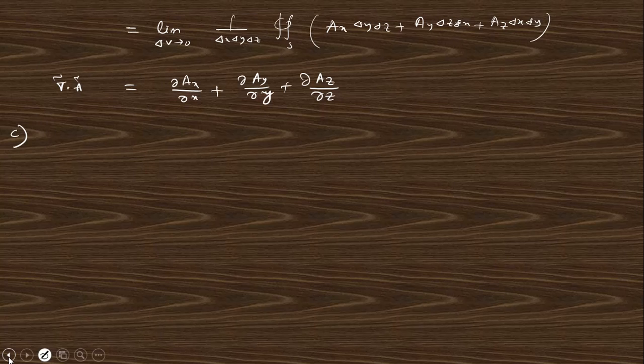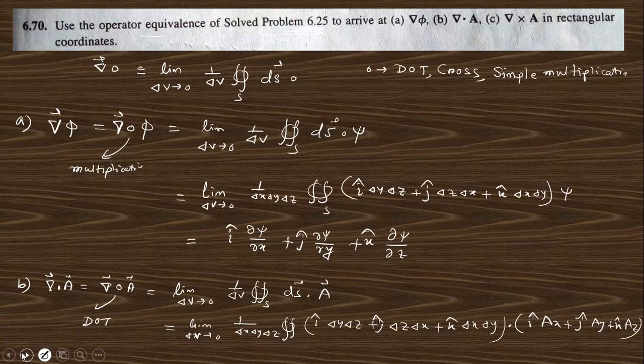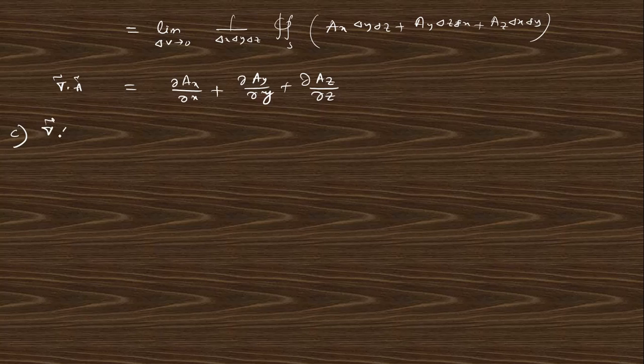Number C, which will be the curl of A. So curl of A, that is this vector, actually takes the cross product.